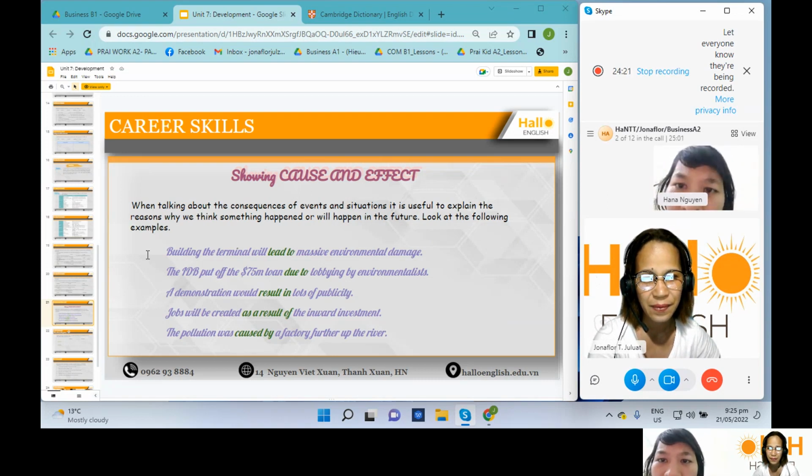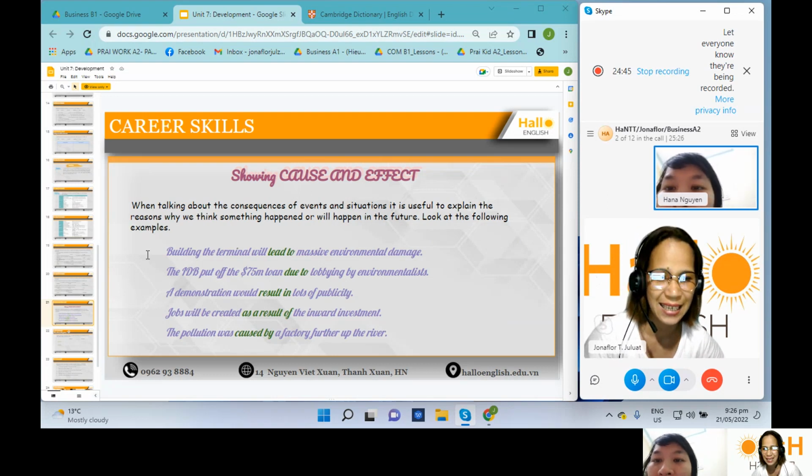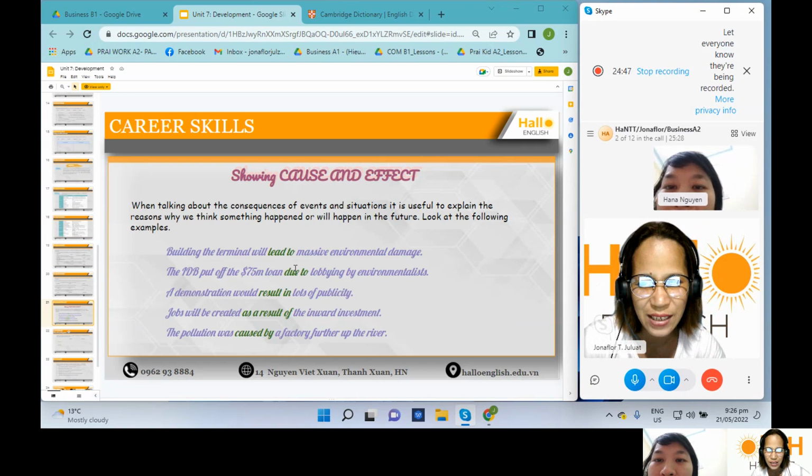The IDB put off the $75 million loan due to lobbying by environmentalists. So the use of "due to."